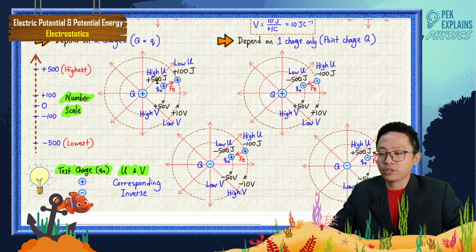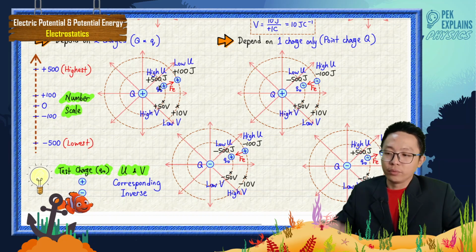Why does higher potential energy become lower potential energy? Why, when the test charge goes further away from the point charge, will the potential energy decrease into lower potential energy?